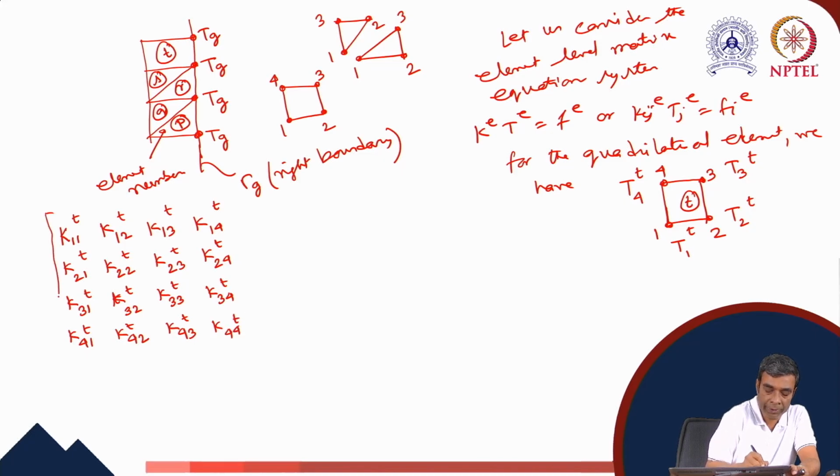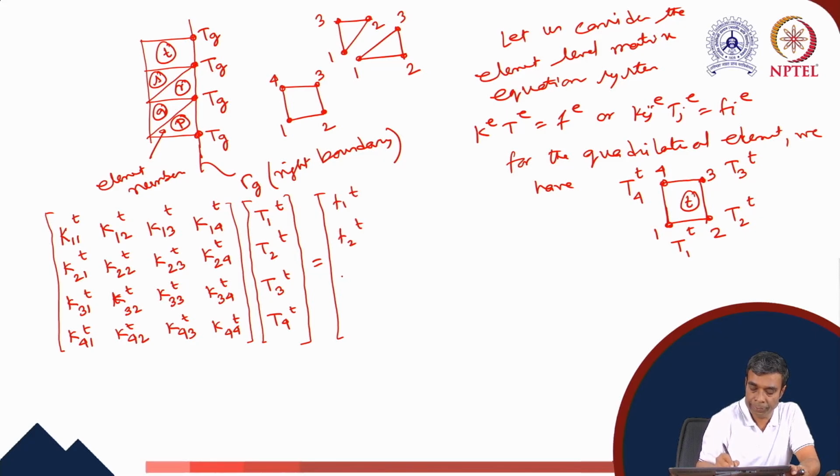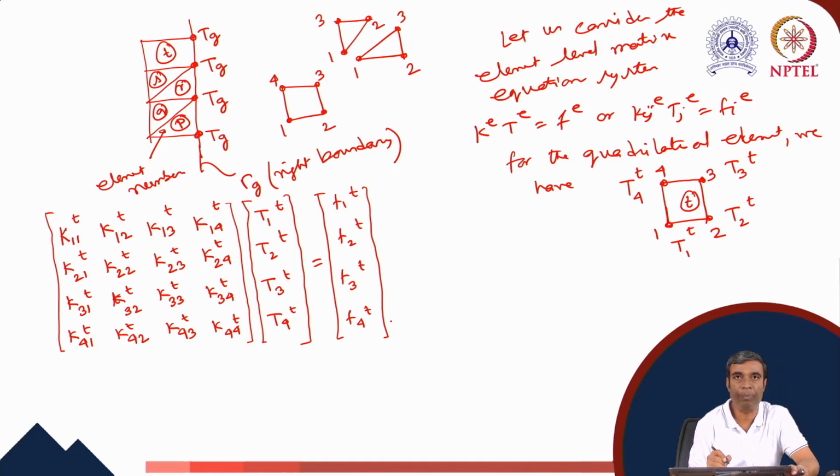So this is the element level matrix equation system for the quadrilateral element. The unknown temperatures are T1T, T2T, T3T, T4T equals to F1T, F2T, F3T, and F4T. So this F1, F2, F3, F4T, they come from the source term.